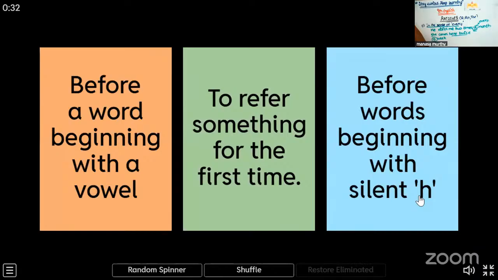It's not having the sound of H, wherein the letter sound itself is silent. At that point of time, we use this.